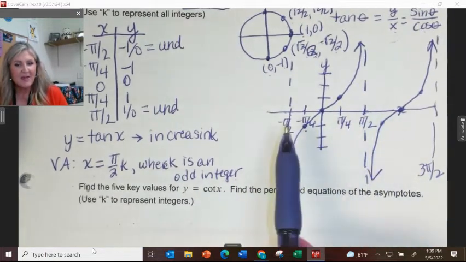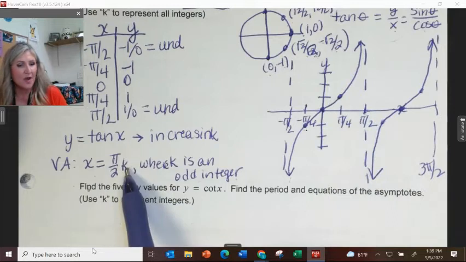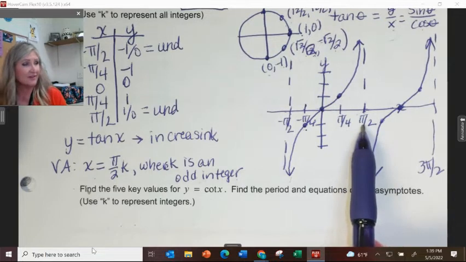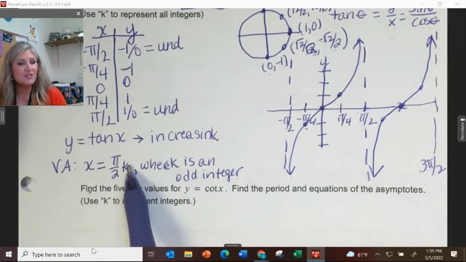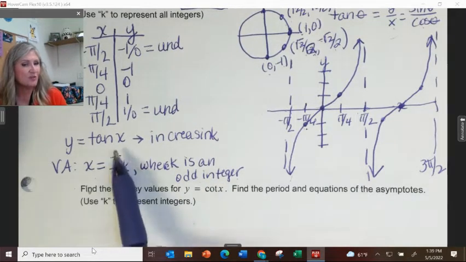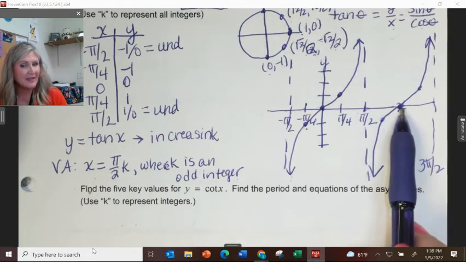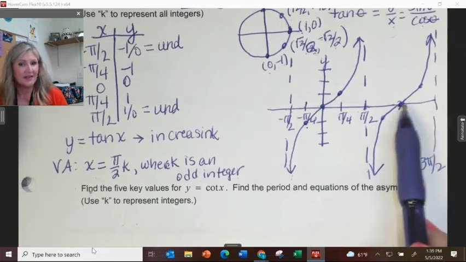So x is going to equal pi/2 k, where k is an odd integer. Because if I say my first one is at 1 pi/2, is that true? Isn't pi/2 a vertical asymptote? Yes. If I use 2 for k, what would 2 pi/2 end up being? Just pi. Is pi a vertical asymptote? No, that's a 0, right?